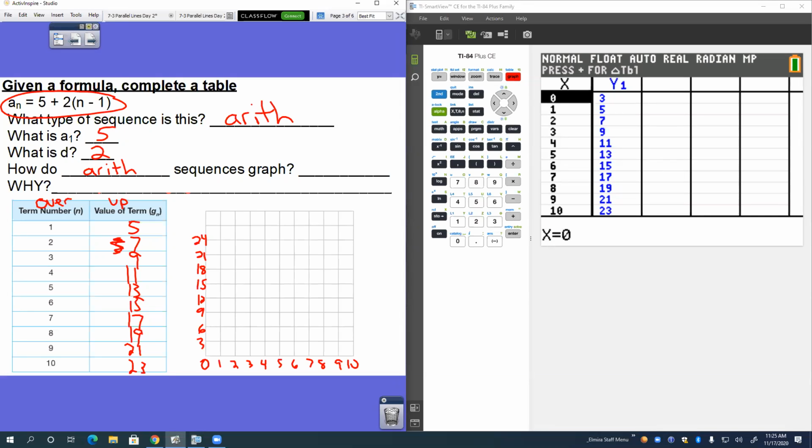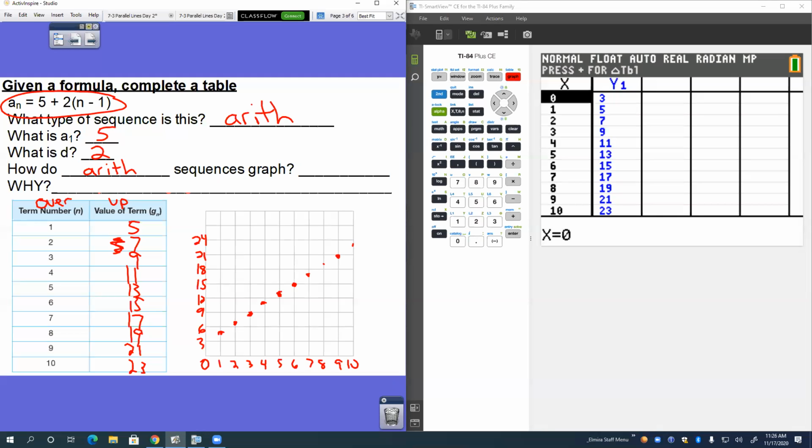So we're going over to 1 up to 5, over to 2 up to 7, over to 3 up to 9, over to 4 up to 11, over to 5 up to 13, over to 6 up to 15, over to 7 up to 17, over to 8 up to 19, over to 9 up to 21, and over to 10 up to 23.